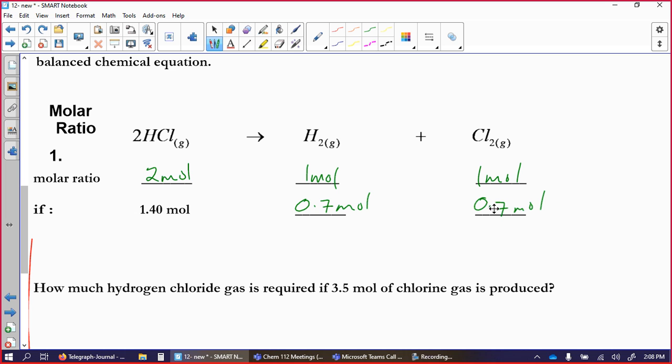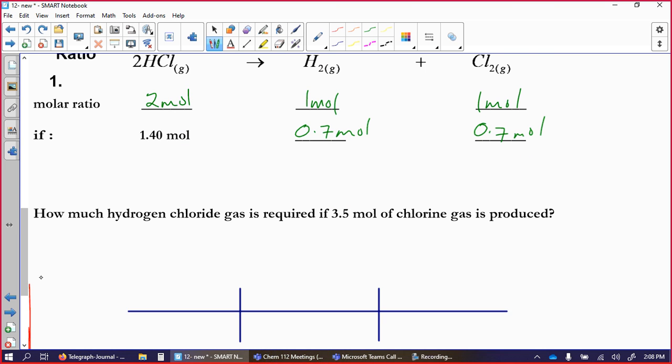If we do the mass, which we'll talk about probably next week, because maybe at 9 we'll pick up some more people. The typical type of question, the first simple question, is: how much hydrogen chloride gas is required if 3.5 moles of chlorine gas is produced?